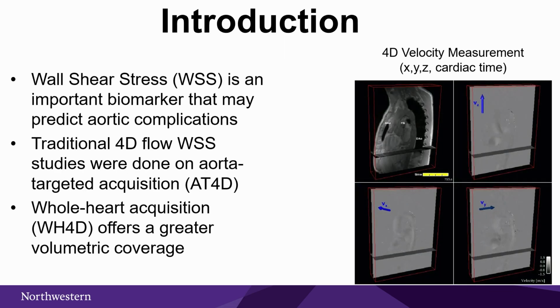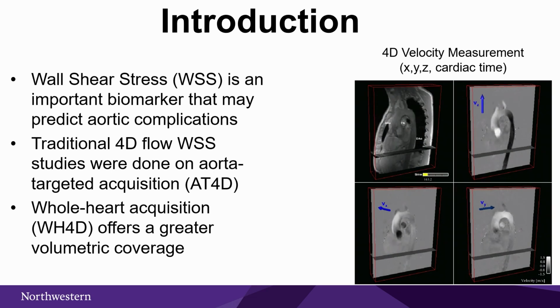So briefly, 4D flow-derived wall shear stress is a reproducible and reliable imaging biomarker that may predict aortic complications. Traditional 4D flow wall shear stress studies were done on aorta-targeted acquisition protocols that offer great aortic spatial resolution.